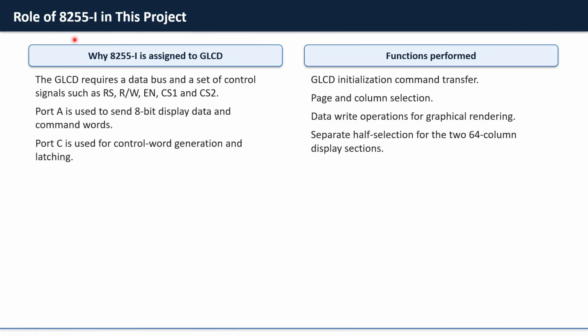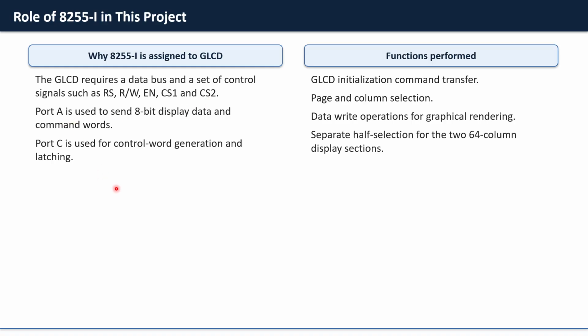The role of 8255 number 1 is to interact with the GLCD using RS, RW, EN, CS1 and CS2 controls. CS1 and CS2 are chip select 1 and chip select 2, because there are two chips that control the GLCD module. CS1 is responsible for interacting with the left 64x64 half, and CS2 is responsible for the right half.